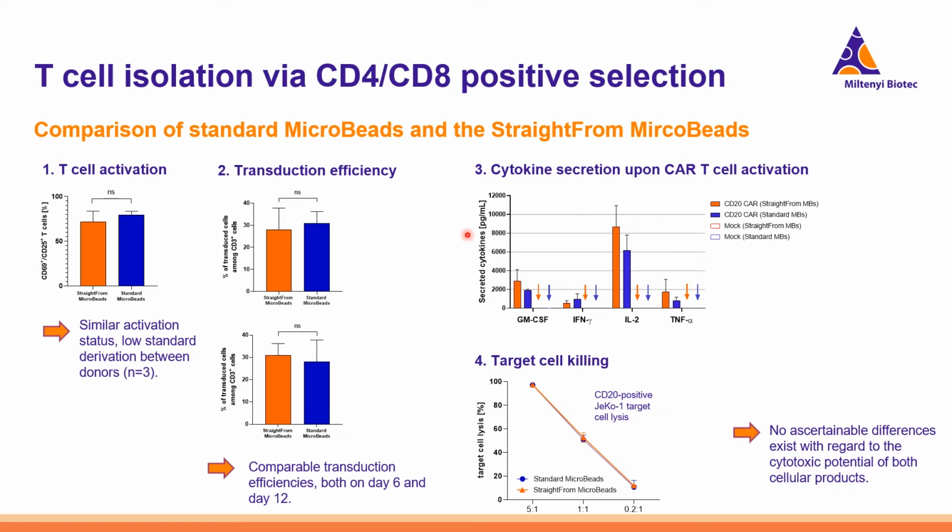We also assessed and compared the cytotoxic or cytolytic potential of the CD20-directed CAR T cells. CD20 positive Jeko-1 cells were co-cultured with CAR Ts derived from two different protocols at different effector to target cell ratios for in total 20 hours.